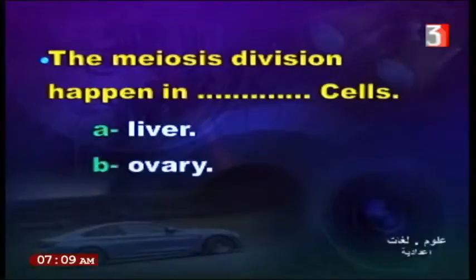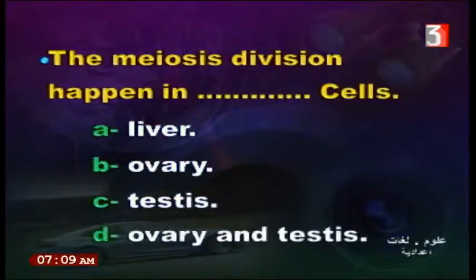The meiosis division happens in blank cells. Liver, ovary, testes, or ovary and testes. Meiosis division occurs in reproductive cells. So liver, of course, is a wrong answer because liver is a somatic cell.